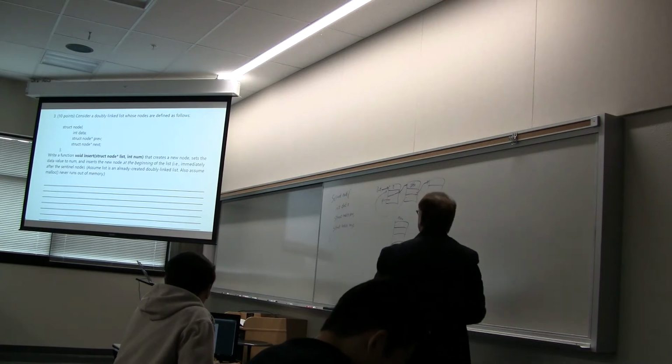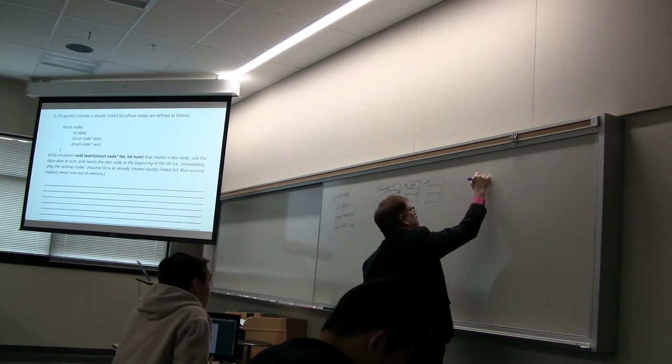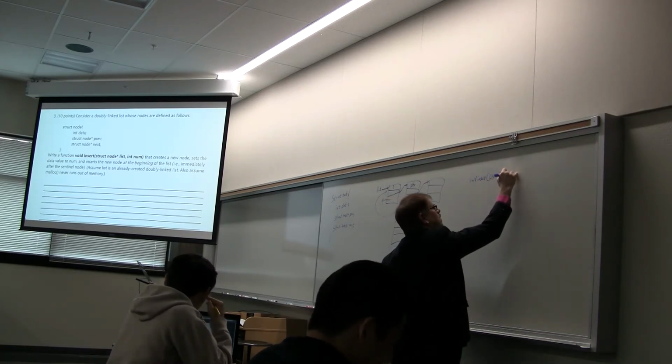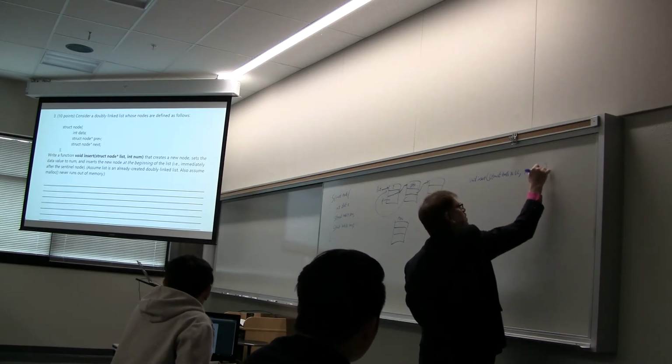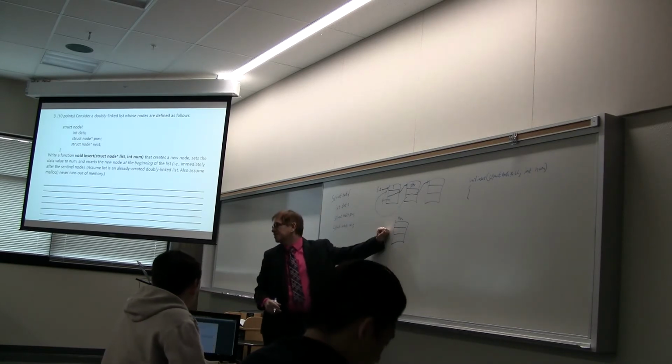So to make a new node, we need to do something like this. So this is void insert, struct node star LL, and integer num. All right, first things first, create a new node.